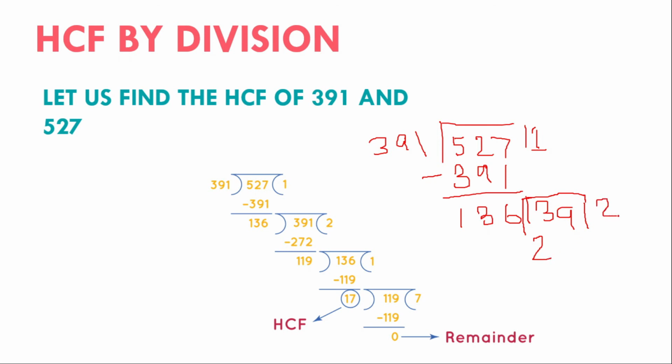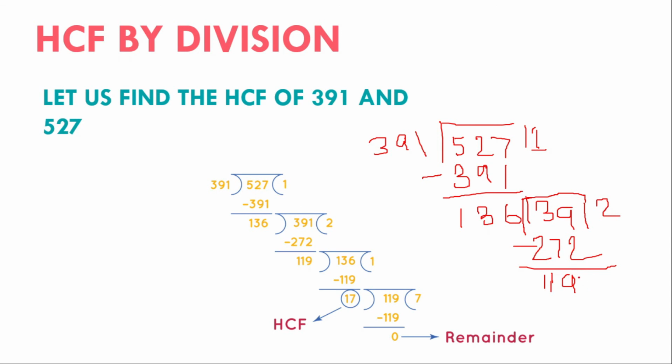So 136 will go 2 times, so the answer is 272, and we have to subtract them. When we subtract them, we will get the answer as 119. So we have to continue this process until we get 0 as the remainder. So when we got 119, now this is the remainder which we got.